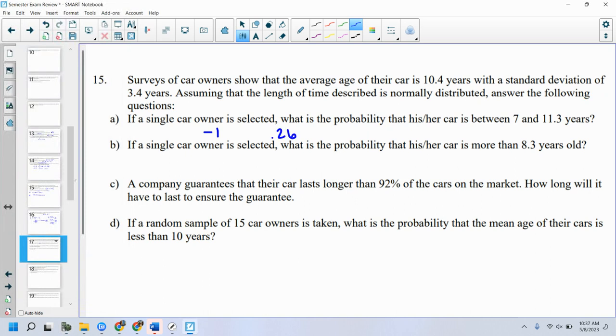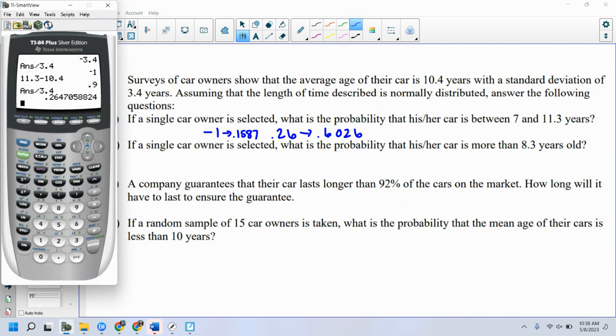The probability for -1 is 0.1587, and for positive 0.26 it is 0.6026.